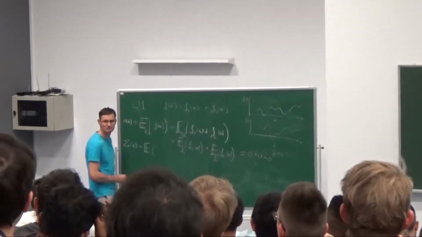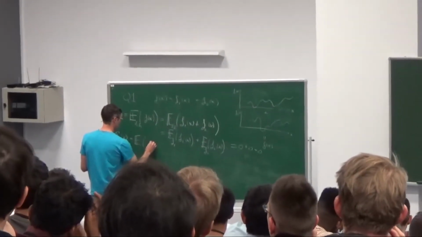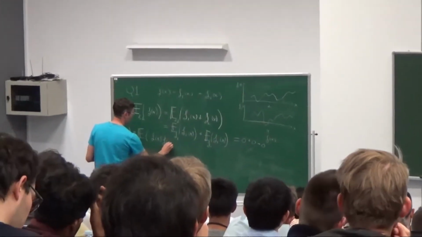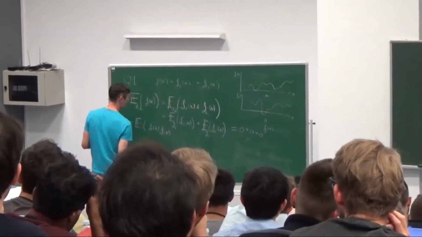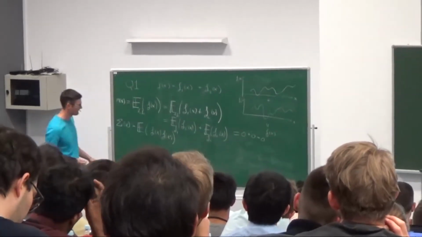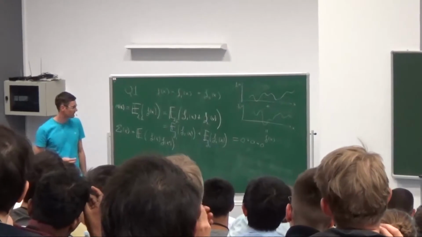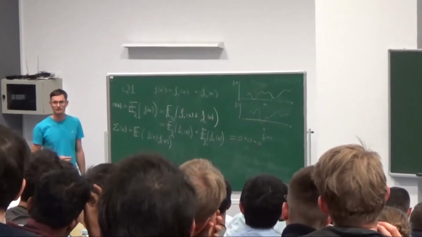Great, yeah. So the first term then becomes the expected value of f1 transpose times f1, plus f2 transpose times f2 inside the first expected value.